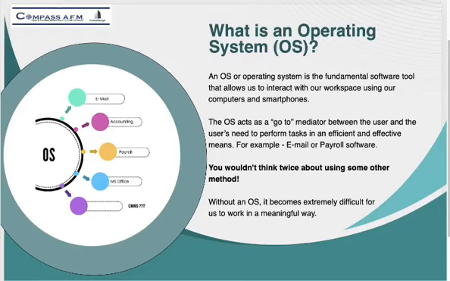So an operating system really has to be something that you're going to use on a daily basis, and something extremely useful that is going to give you a serious benefit by using it.